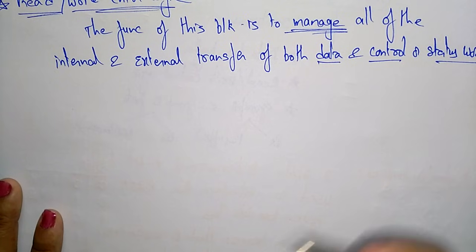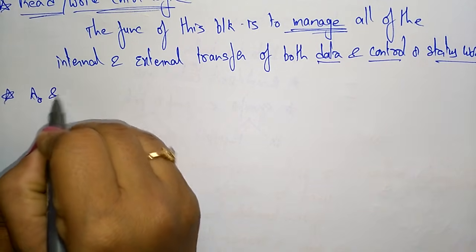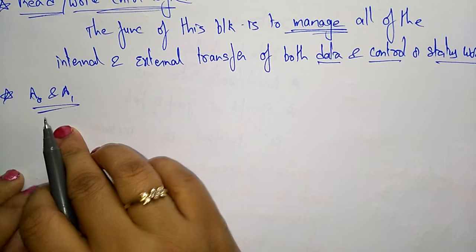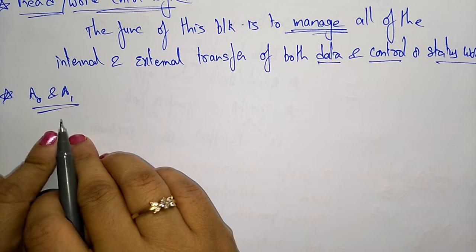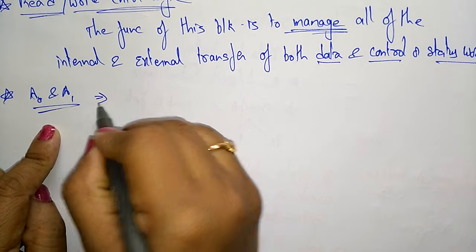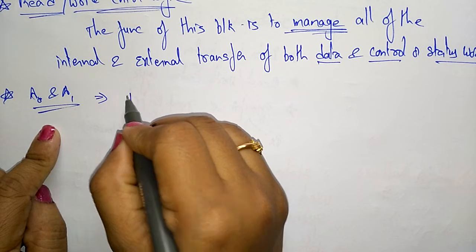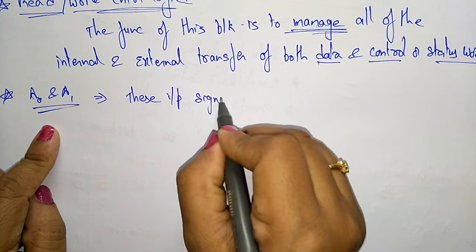Now let us see what these A0 and A1 are. A0 and A1 are port select 0 and port select 1. These input signals are always used in conjunction with read and write.